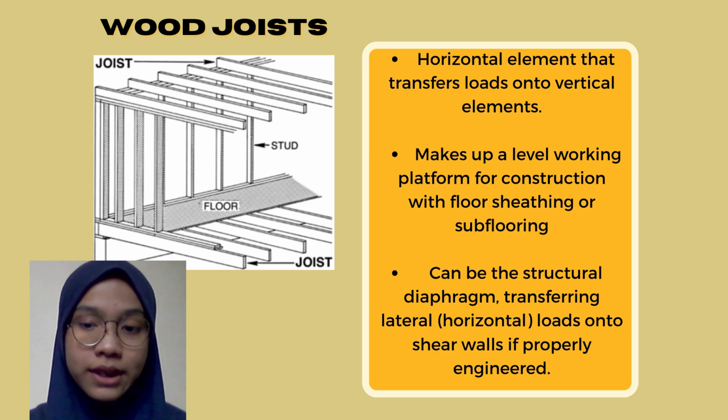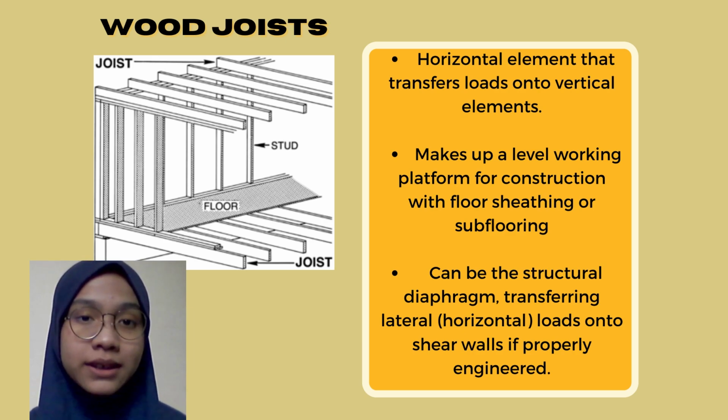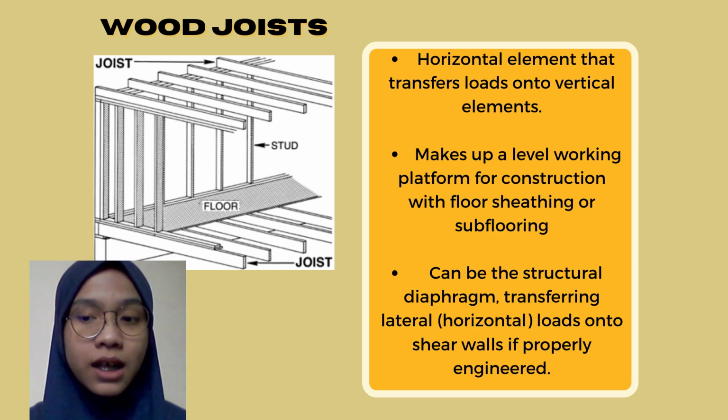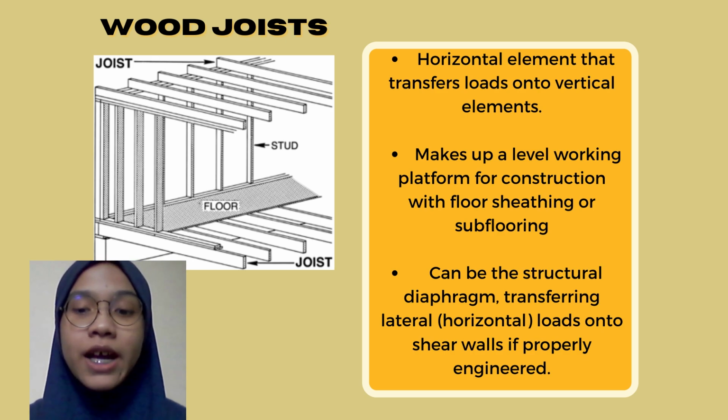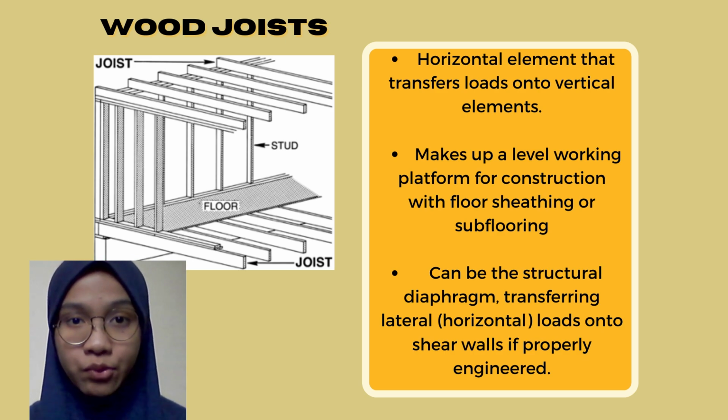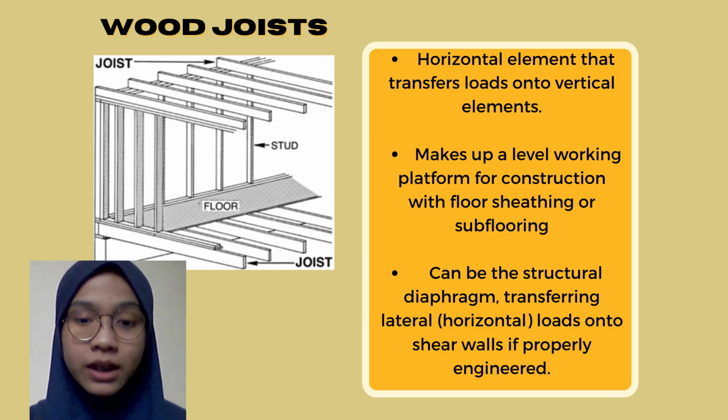To conclude, there is a span on open space, often between beams, which subsequently transfer the load to vertical structural members. So these joists are a part of the floor system that carry the weight of everything inside the room, including the walls, furniture, and even people.